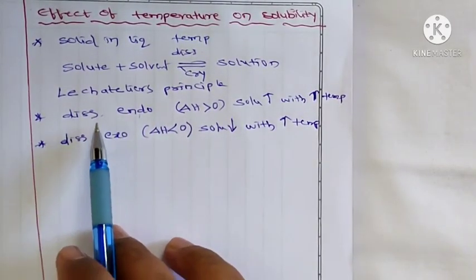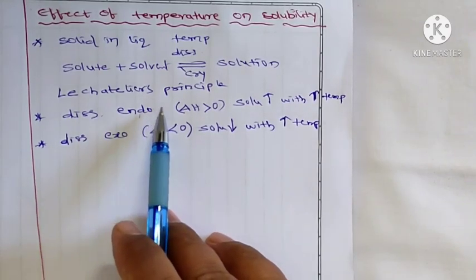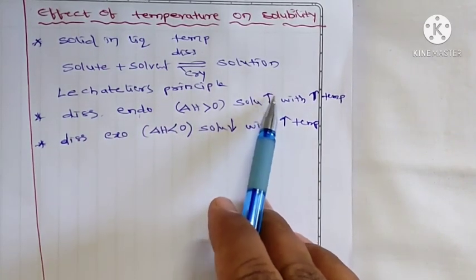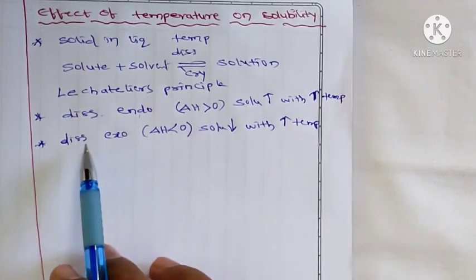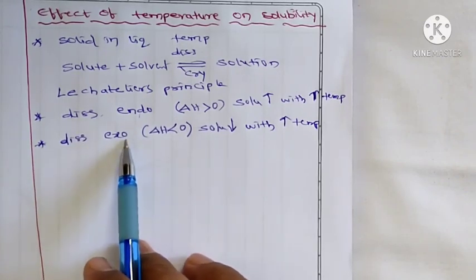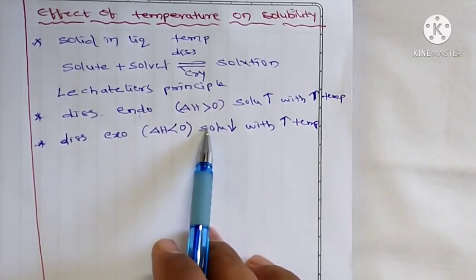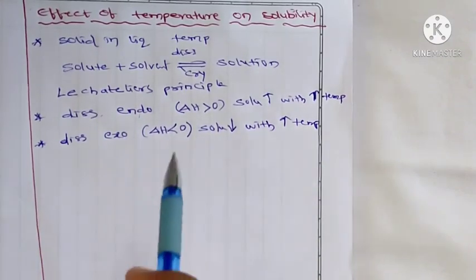If the dissolution process is endothermic, the solubility increases with increasing temperature. If the dissolution process is exothermic, the solubility decreases with increasing temperature.